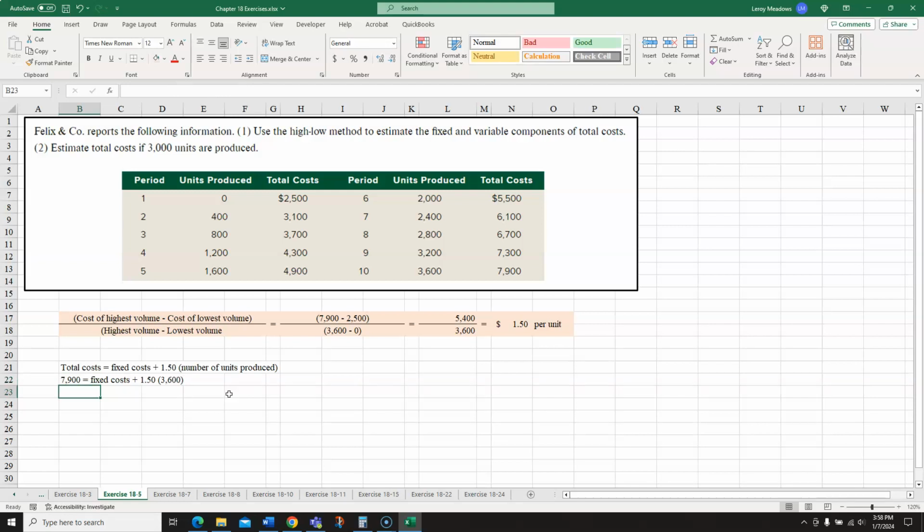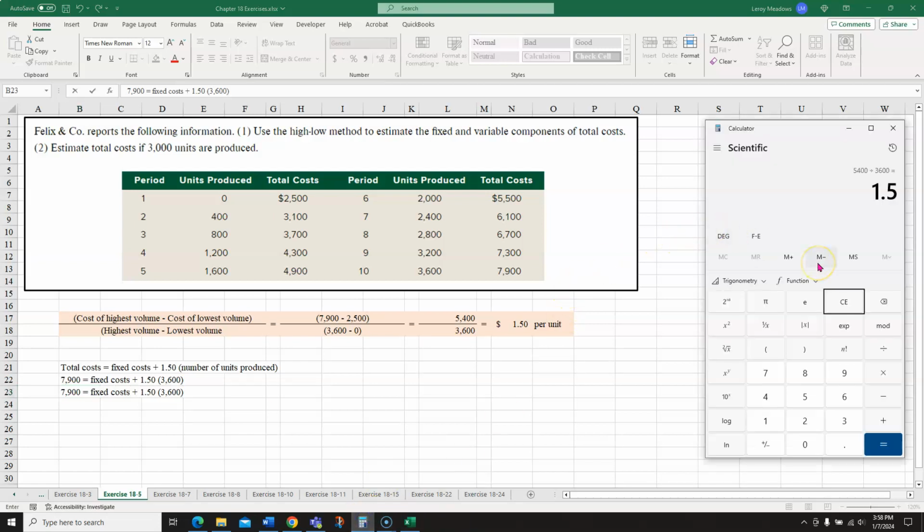When I compute that out, I'll have 7,900 of total costs equal to my fixed cost plus, when I take that 1.50 times 3,600, 5,400.